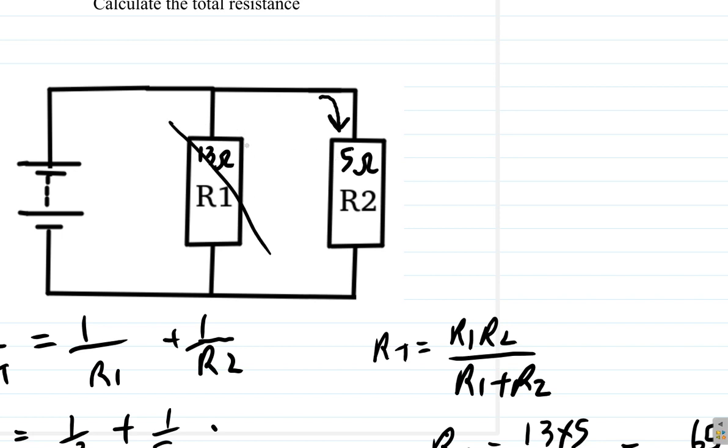Suppose you had only the 5 ohms, then you can have a current flow here. But when you put this 13 ohm here, it makes it easier for the current to flow, because current can flow down here too. So you have less resistance. There's an easing in the traffic.